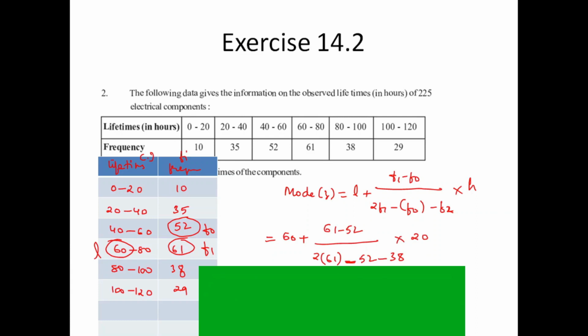Now let me solve this. This is your 60 plus, the difference of these two is 9, and this is 2 into 61, which comes out to be 122, then minus 52 and minus 38, so 122 minus 90 is 32, into 20.